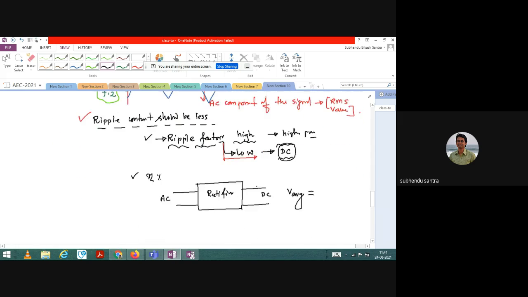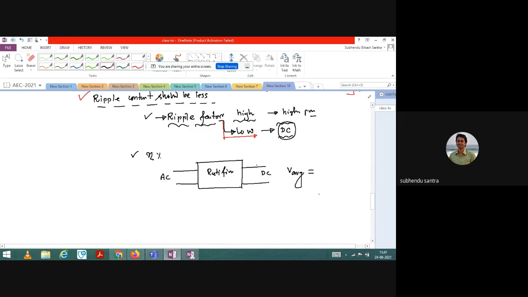So average voltage multiplied by average current I0, where I0 is the average current. The output side is DC, so average DC voltage multiplied by average DC current equals power, so that is equal to P0. What about PI? Input power.